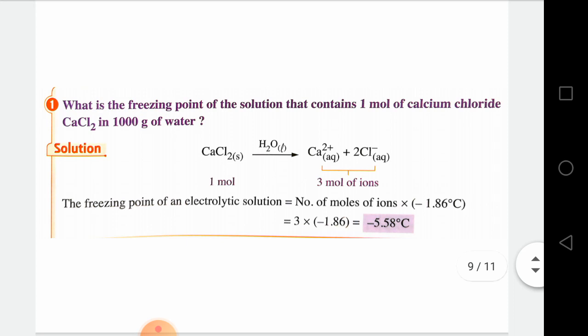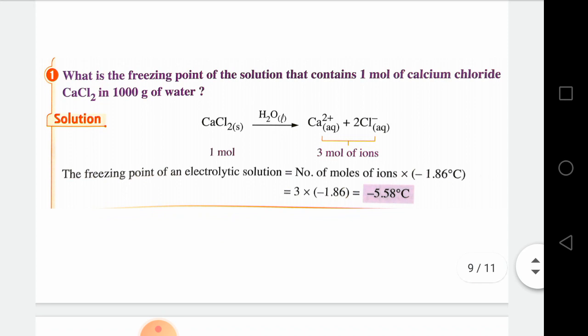Here is an application for this rule. What is the freezing point depression of the solution that contains 1 mole of calcium chloride in 1,000 grams of water? Firstly, we must write the chemical equation which illustrates the ionization process of this salt, calcium chloride. When 1 mole of solid calcium chloride is put in water, it will dissociate into 1 mole of positive calcium ion and 2 moles of negative chloride ion.